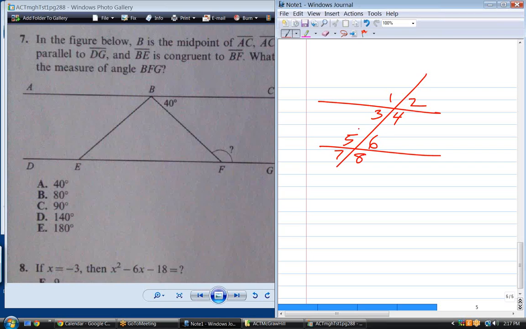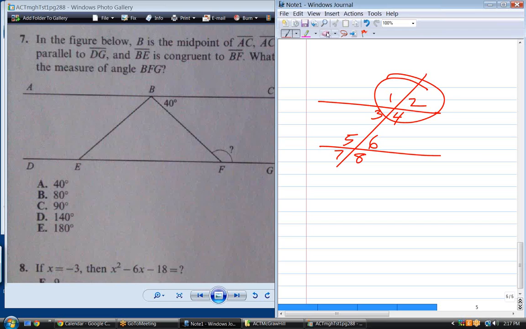In other words, every obtuse angle in this diagram is number 1. Every acute angle is number 2. So 3 is the same as 2, 7 is the same as 2, 6 is the same as 2, 1 is the same as 8, 1 is the same as 5, 1 is the same as 4. And finally, 1 and 2 are supplemental, meaning they always add to 180 degrees.